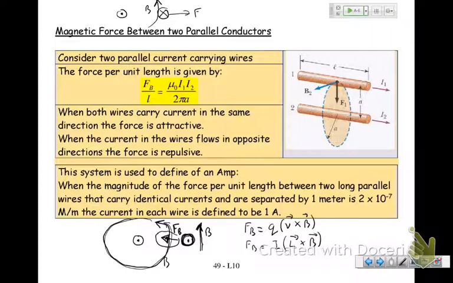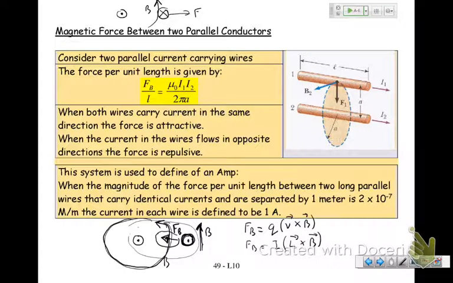Can you see how these are going to be attractive if the two currents are in the same direction, and repulsive if they're in opposite directions? I'd like you to be able to remember that or recognize that, work it out or know it. But I'd like you to know that conceptual thing.